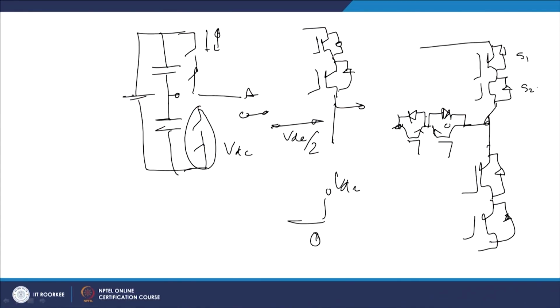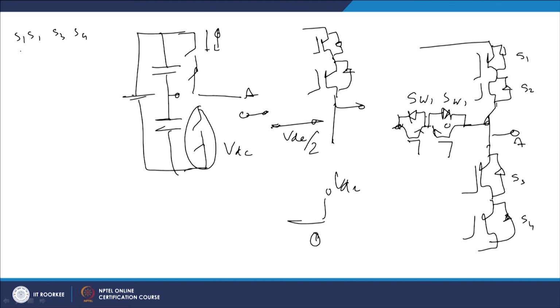So, here you can see that, let us name it S1, S2, S3, S4 and name it SW1 and SW2. And what happened here, when we want this pole A to be connected to the upper end of the DC bus voltage, then of course we write S1, S2 and S3, S4.